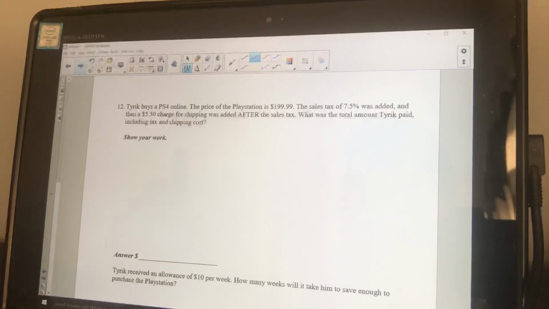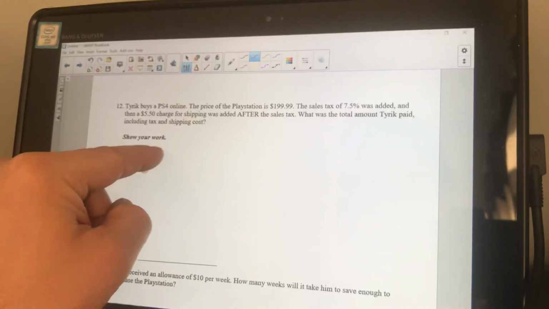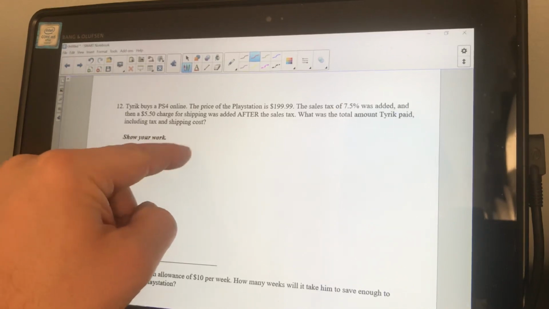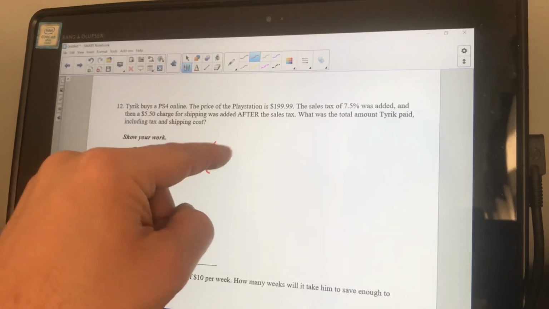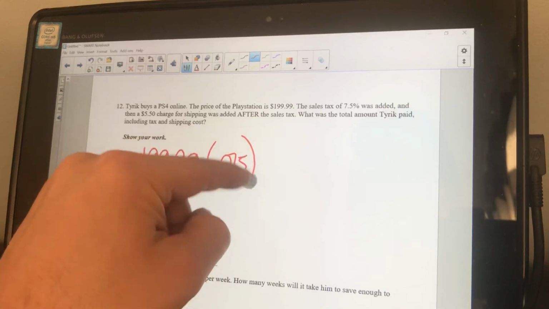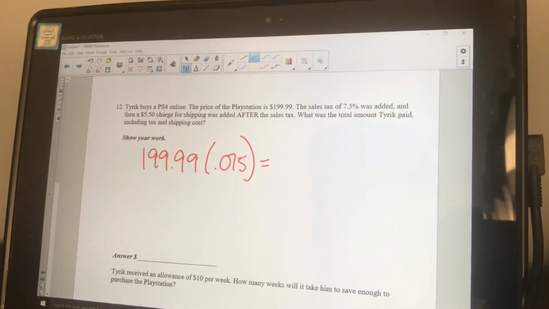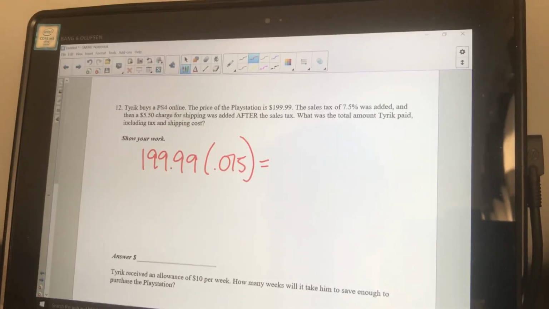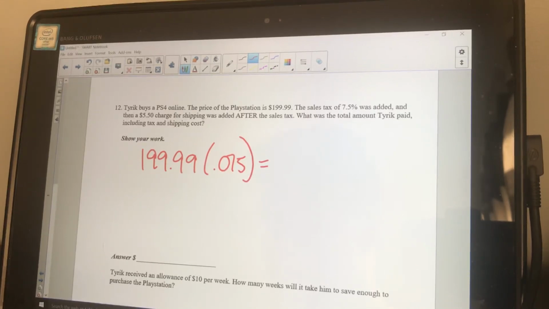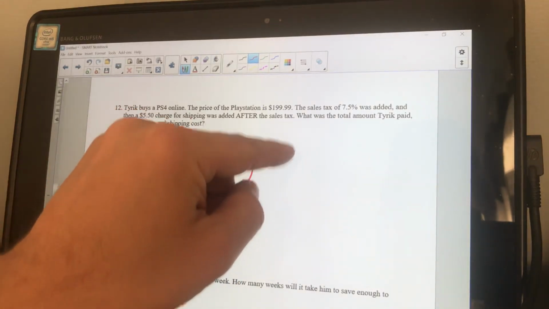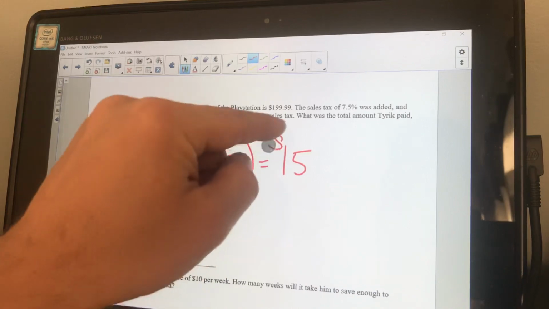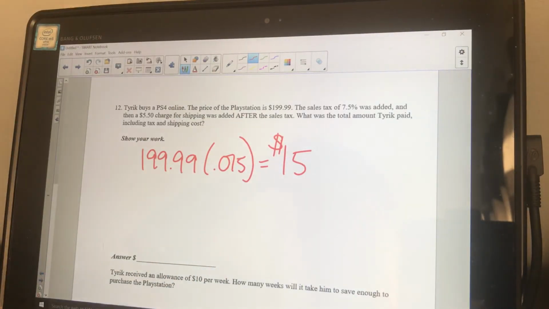Okay. $199.99. Tax is 0.075. $199.99 times 0.075. Rounded is $15 in tax.